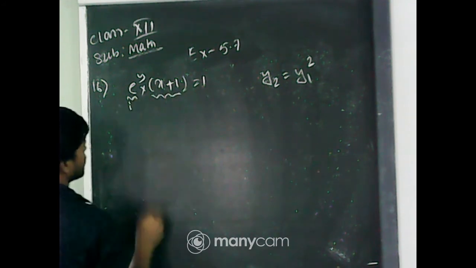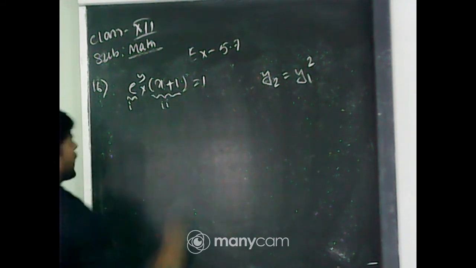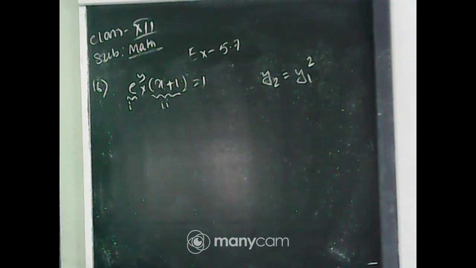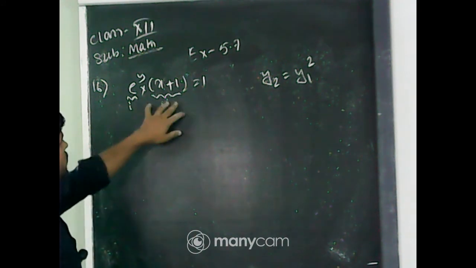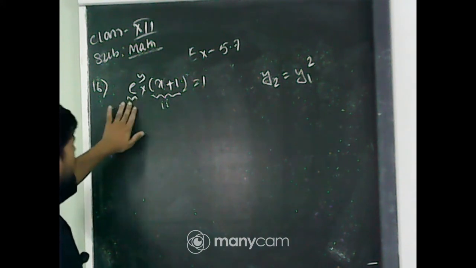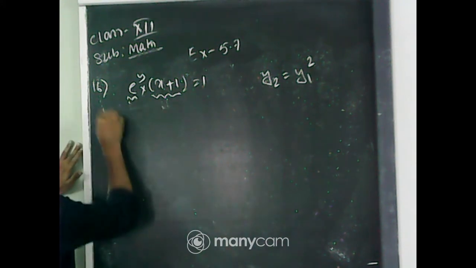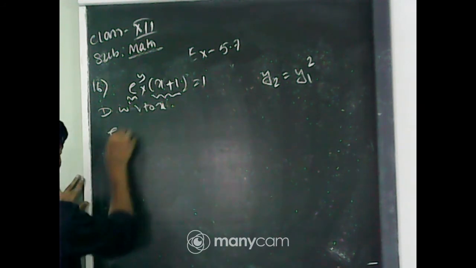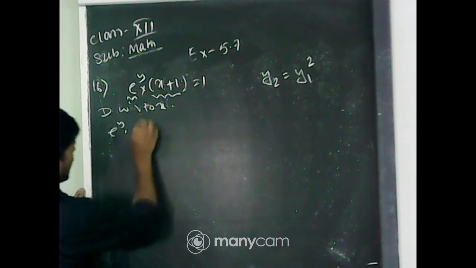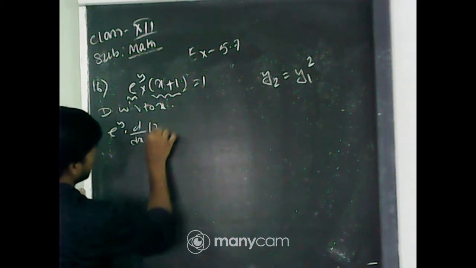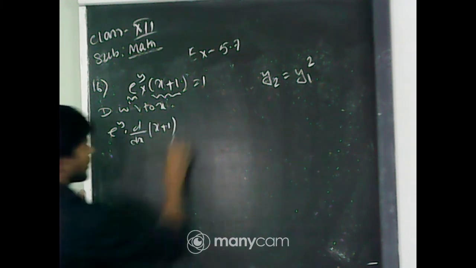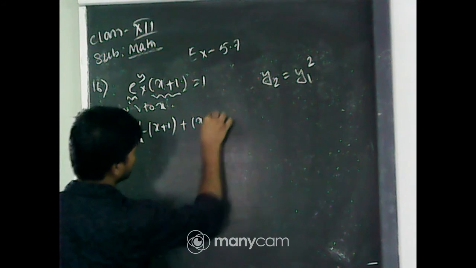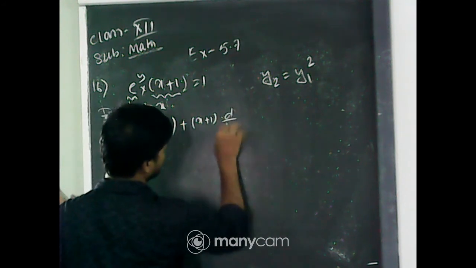Let us consider this is the first function and x plus 1 is the second function. Now we will apply the product rule to differentiate this expression on the left hand side. So use the product rule. Differentiating with respect to x, we have: first function fixed and derivative of the second function, plus second function fixed, derivative of the first function.